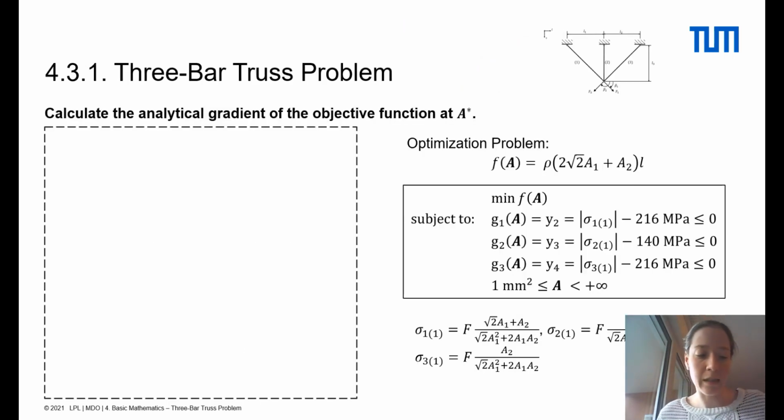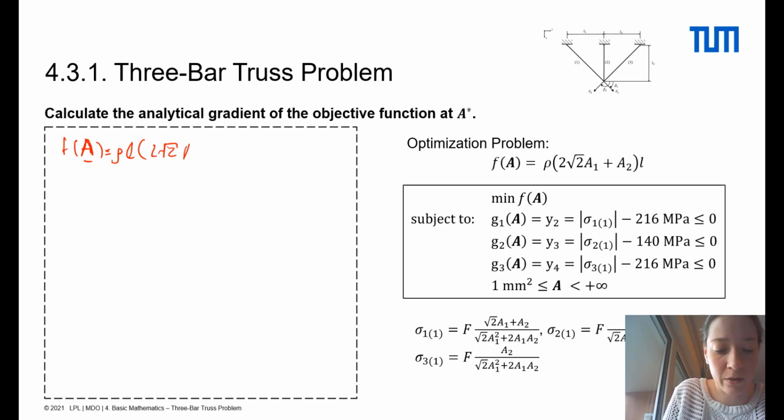Okay, let's start to compute the analytical gradient of the objective function at A star, and we know that this won't be 0 since we have active constraints. So we have f of A star, it's given here again, it's rho times L times 2 square root of 2 A1 plus A2, that was our mass for the whole 3-bar truss.